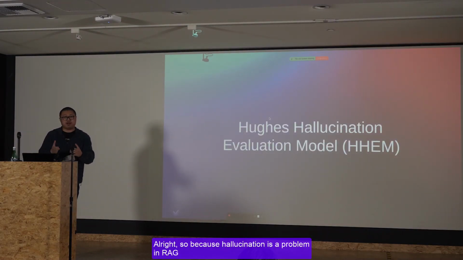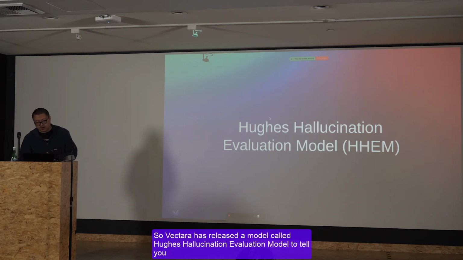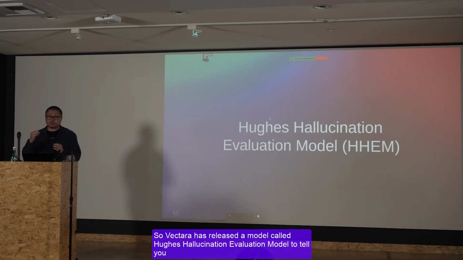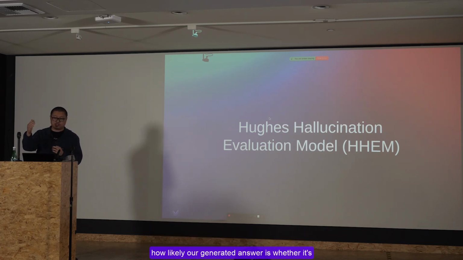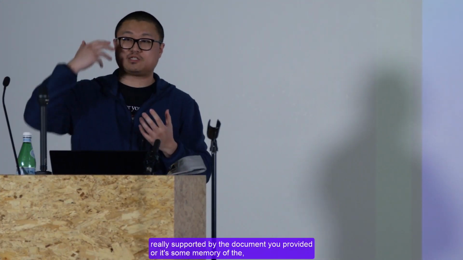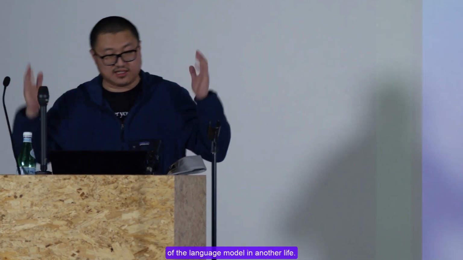Hallucination is a problem in RAG because it involves large language models in the generation stage. So Vectara has released a model called the Hughes Hallucination Evaluation Model to tell you how likely it is that a generated answer is really supported by the document you provided, or is instead some memory of the language model, in another life.